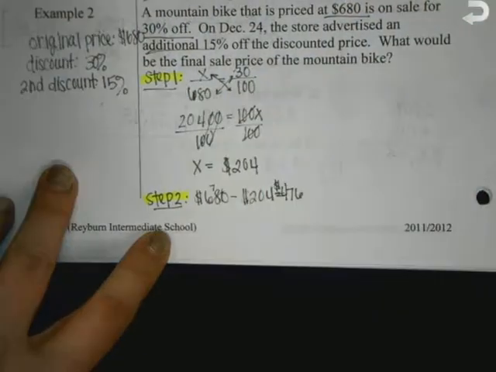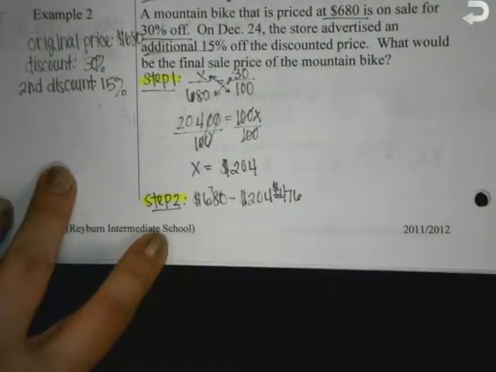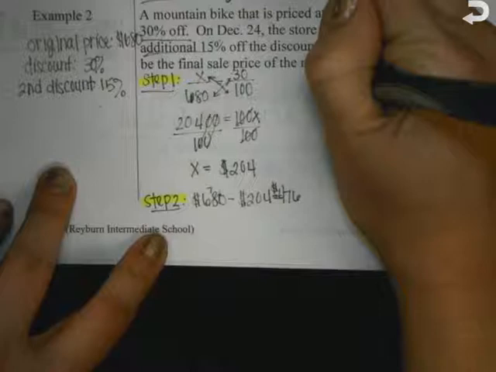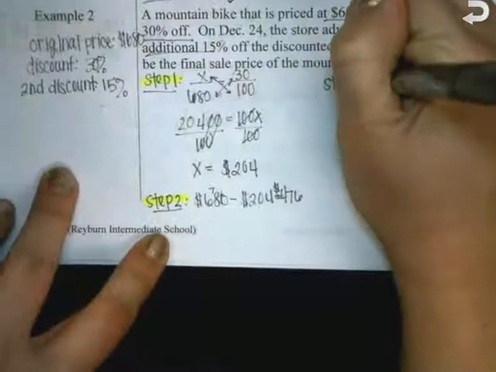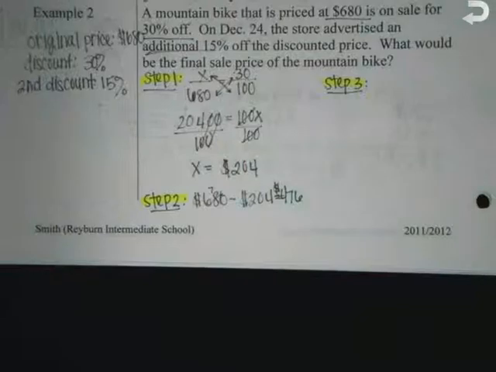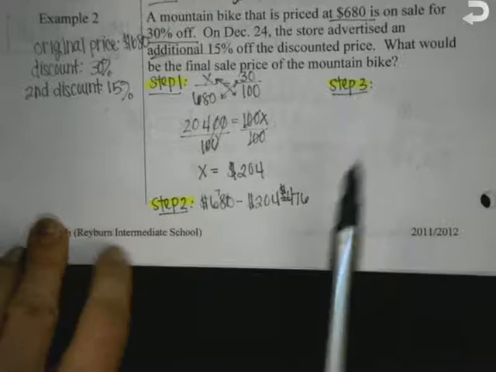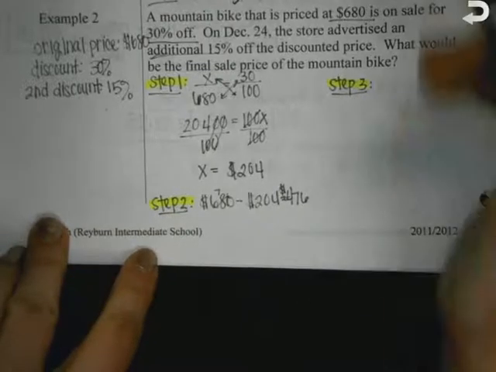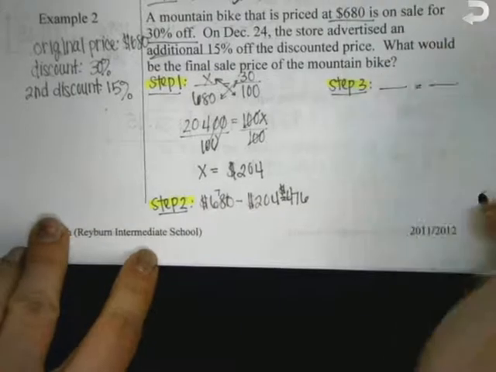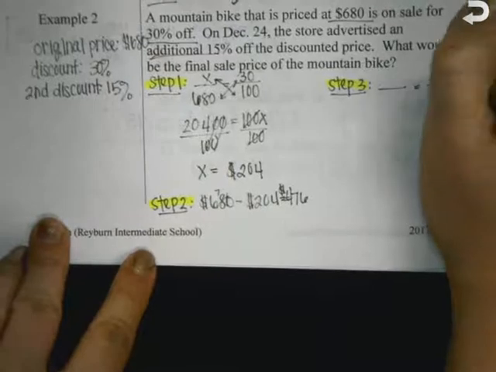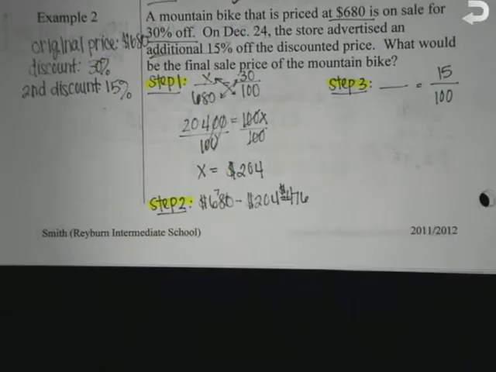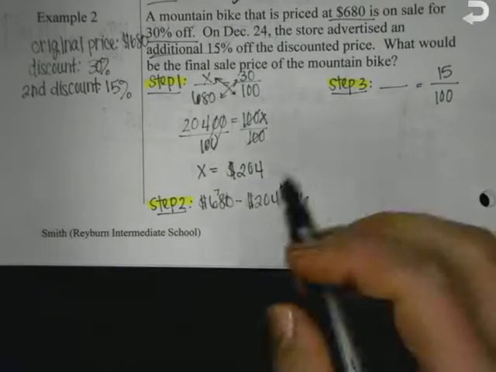Okay, then step 3, we need to take 15% off of that price. So I'm going to set up a proportion again. This time I have 15 over 100 on the right-hand side. 476, does that go on top or bottom? Bottom, good. So X goes on top. And then let's cross multiply.